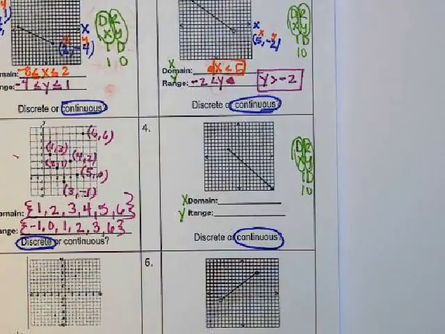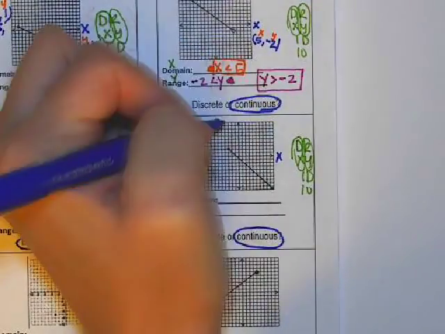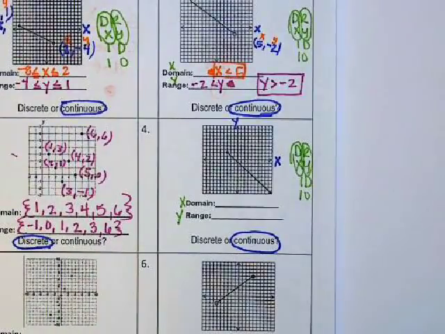Label X and Y on the axis. Okay, label my axis, good. Now what? Plot.